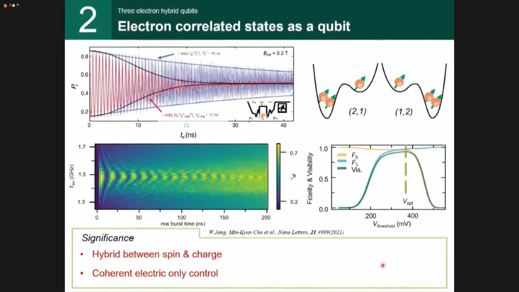Interpreting these energy levels as a hybrid qubit, with 3-electron spin states, we can see that even in gallium arsenide, which is notorious for having nuclear spins and all the spin noise, we can still do pretty decent Rabi oscillation measurements. The number of oscillations is more than 20, and you can have different time scales of coherence times, and it is still in the long ensemble average time limit.